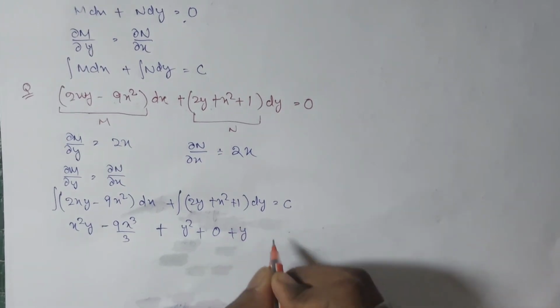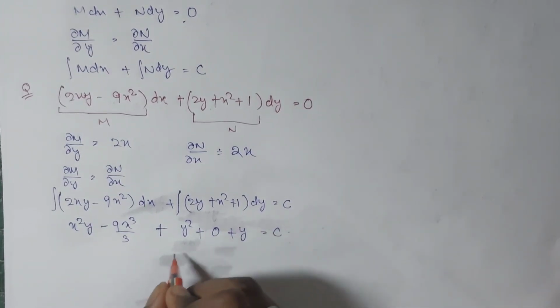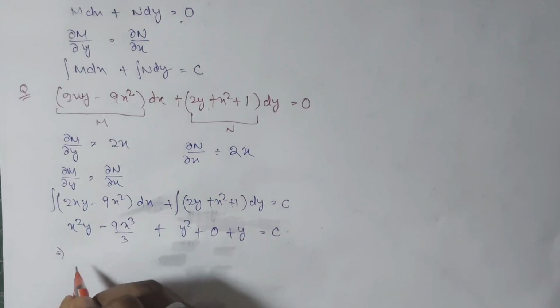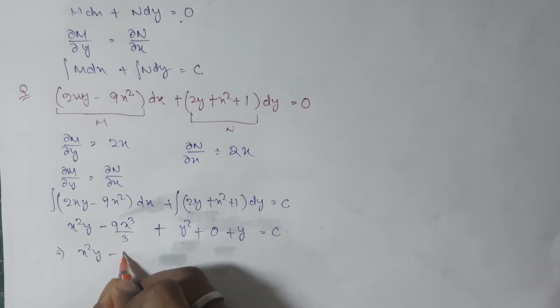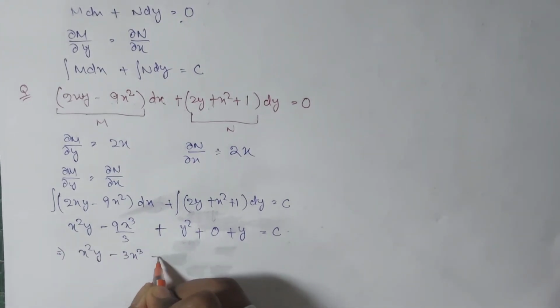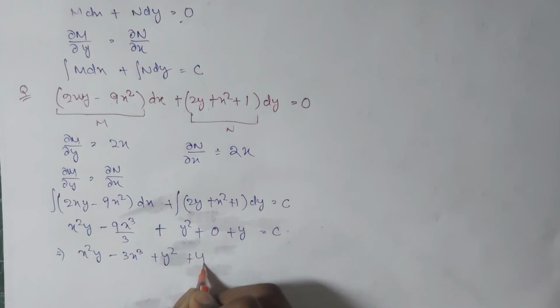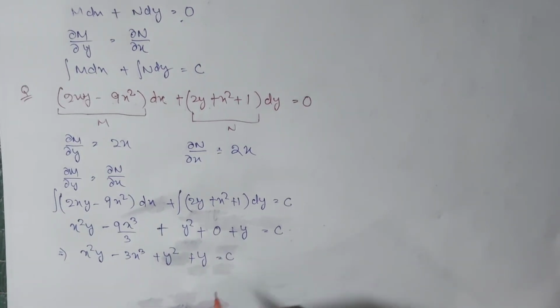Then plus y equals c, and we can write it as x square y minus 3x cube plus y square plus y equals c.